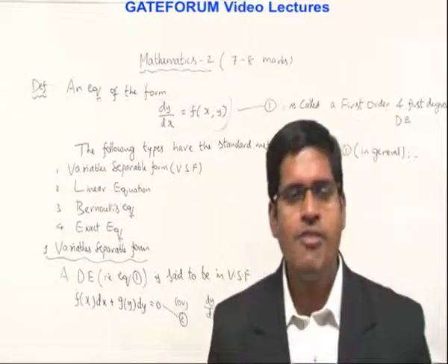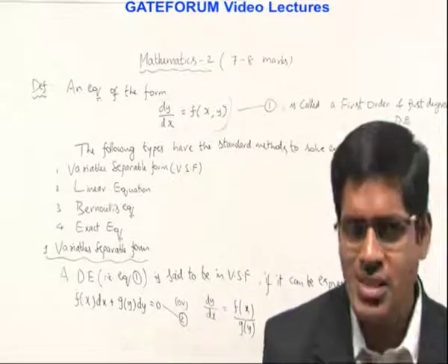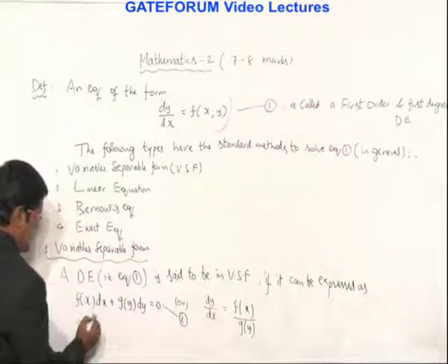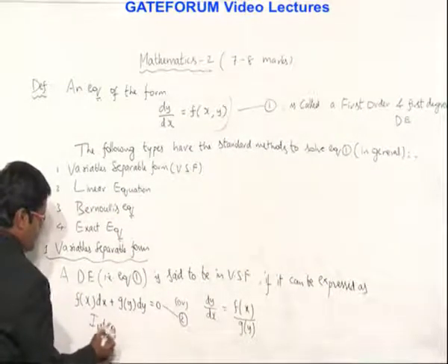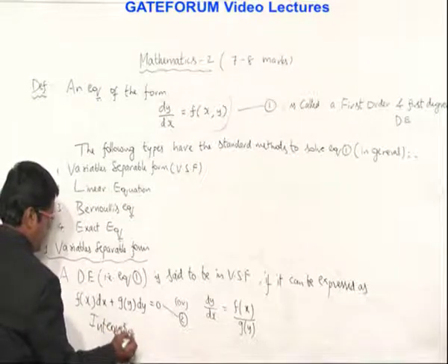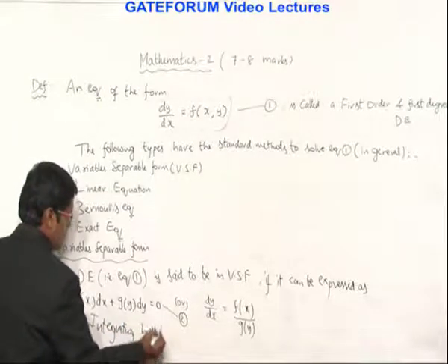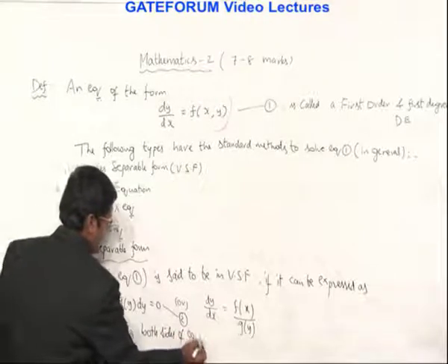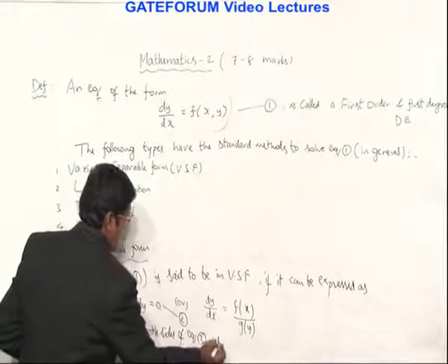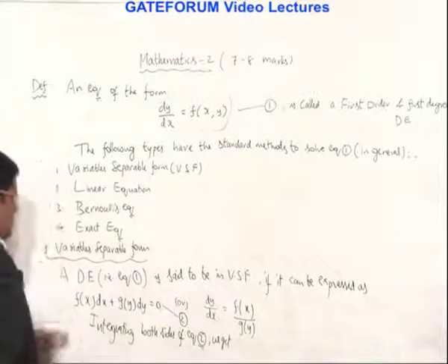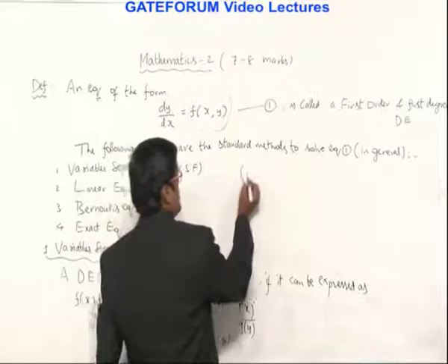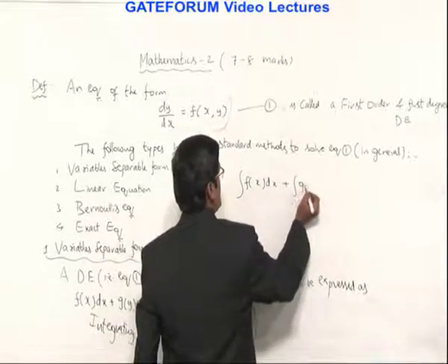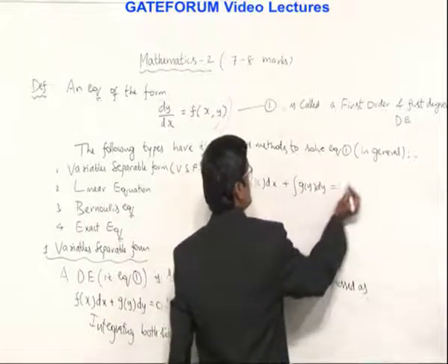Now what is the next step? Finding the general solution by integrating on both sides. Integrating both sides of equation 2, we get integral f(x) dx plus integral g(y) dy is equal to c.